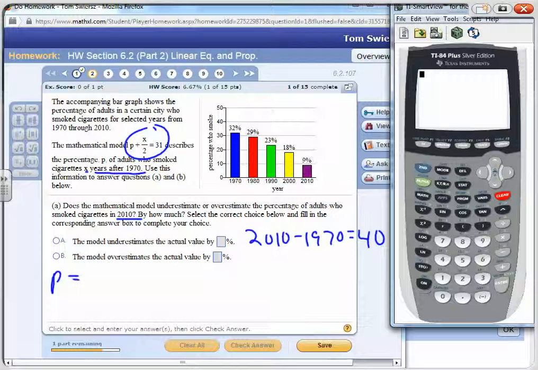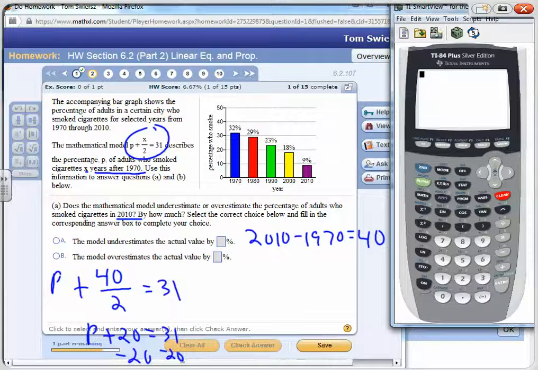P plus 40 over 2 equals 31. 40 divided by 2 is 20, so P plus 20 equals 31.